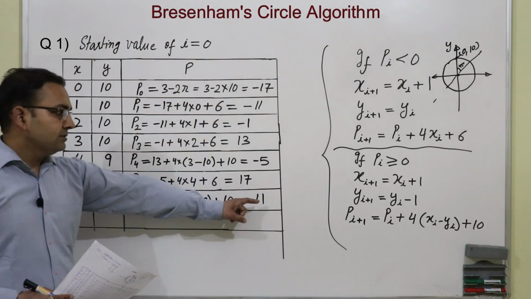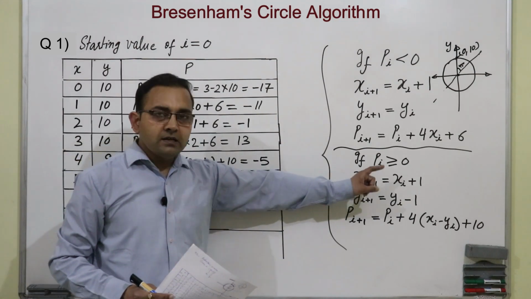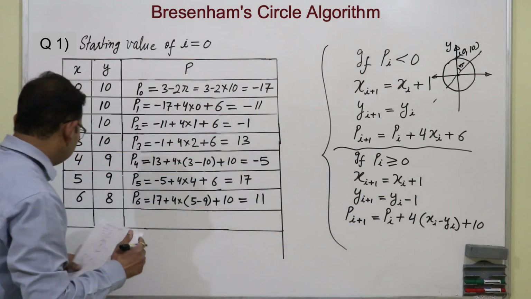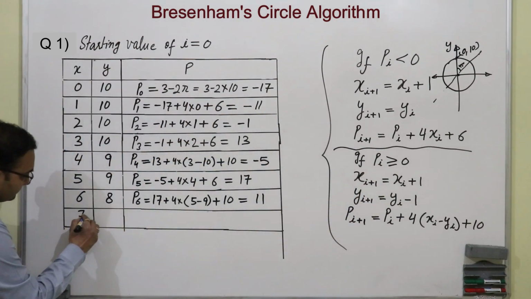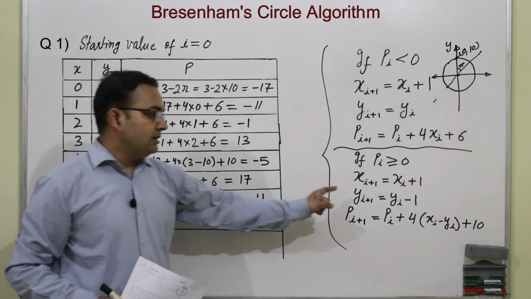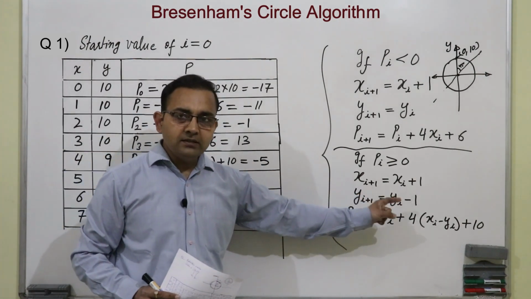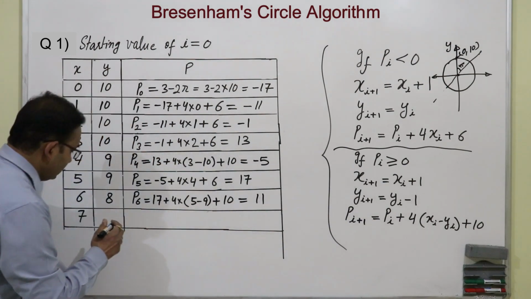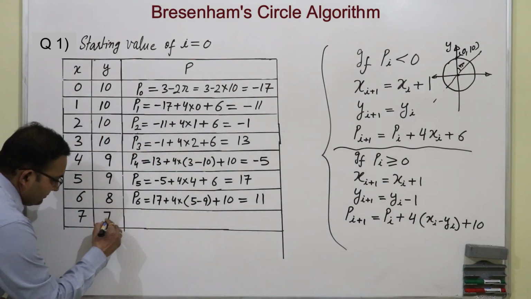It is positive. So, xi plus 1 equals xi plus 1, it is 7, and yi plus 1 equals yi minus 1, it will be 7.